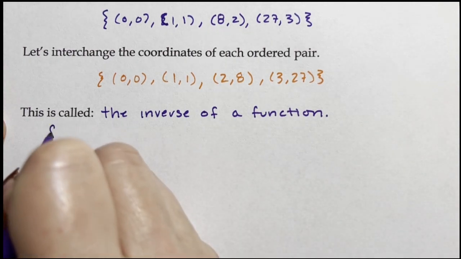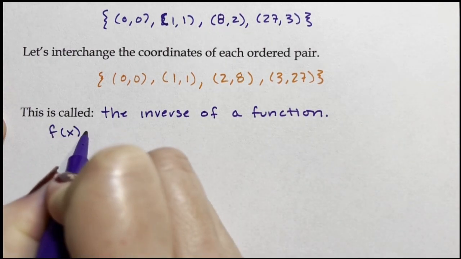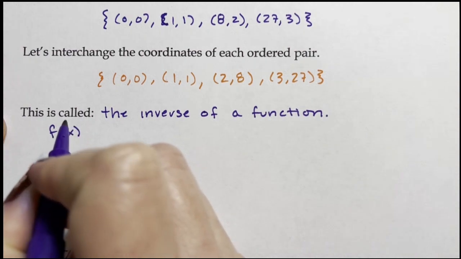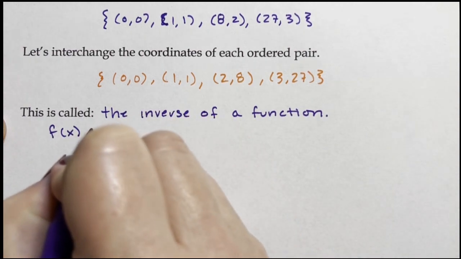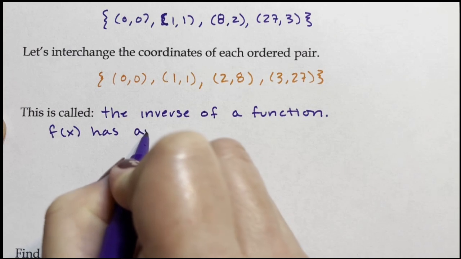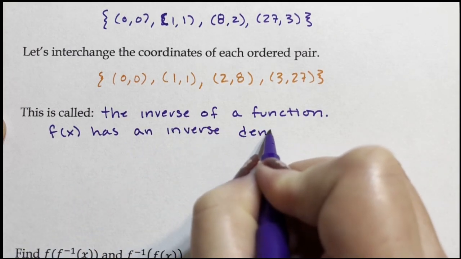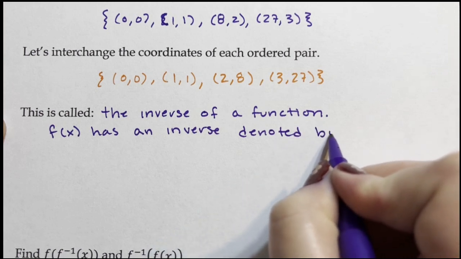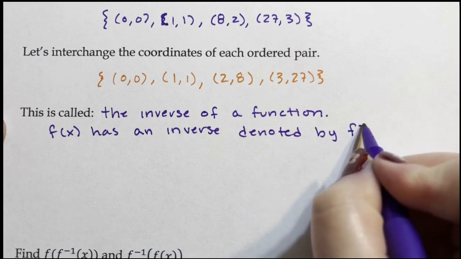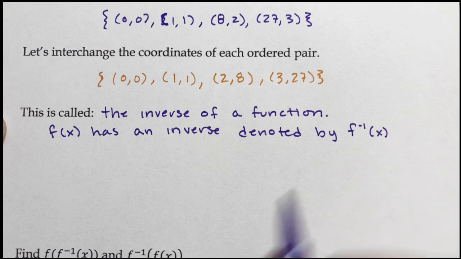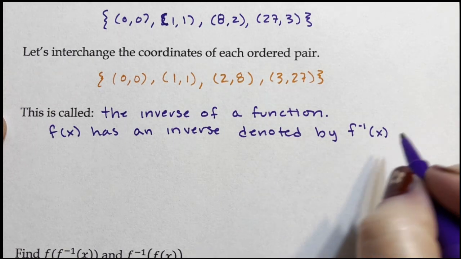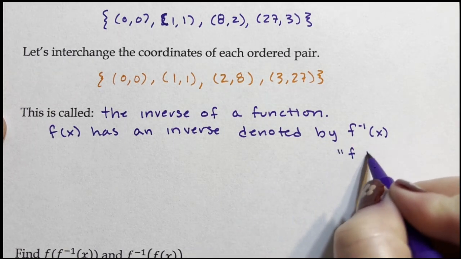So f of x has an inverse denoted by f negative 1 of x. Now, a lot of times that negative 1 means we make a fraction. That's not what this is. This is called f inverse.